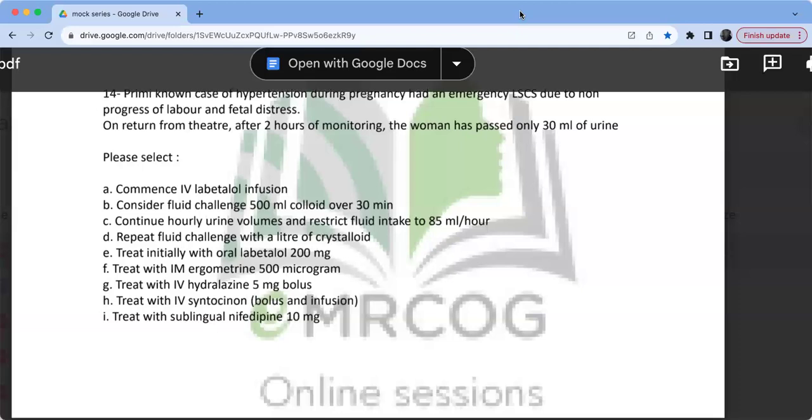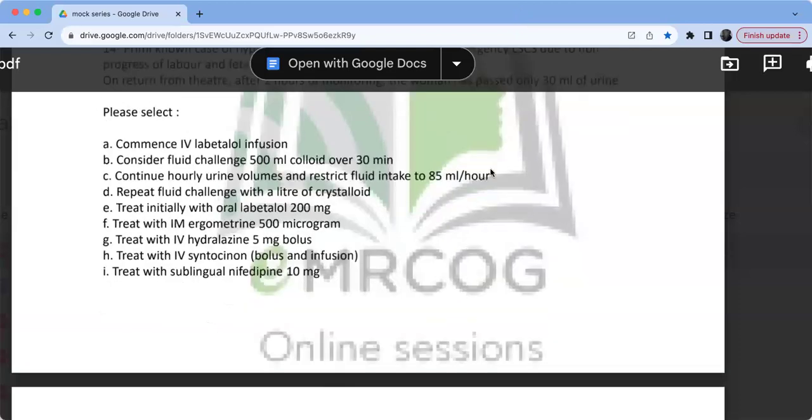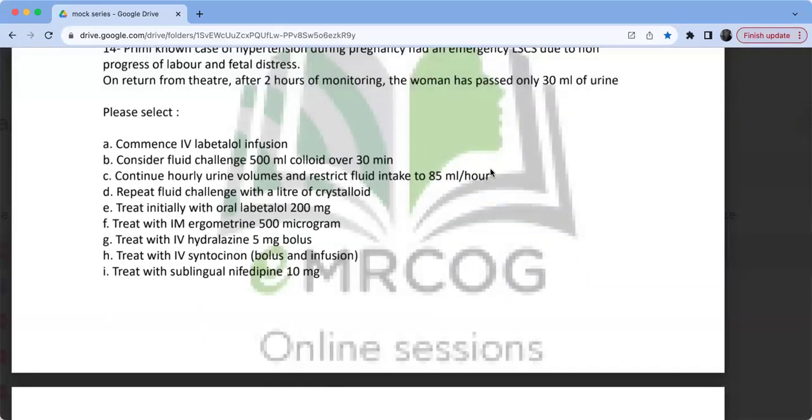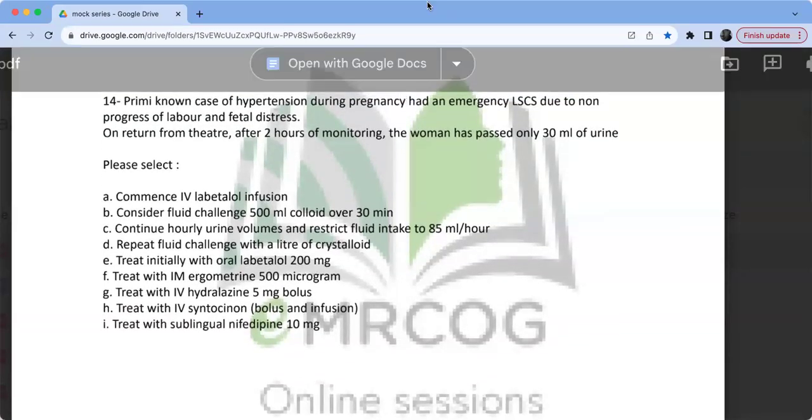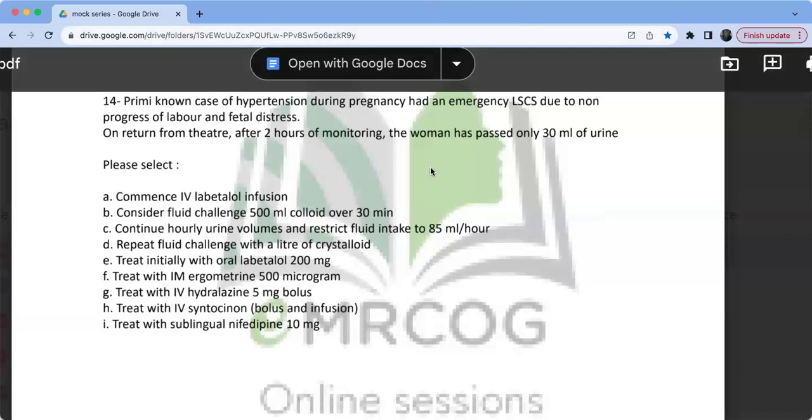You will consider a fluid challenge of 500 ml colloid over 30 minutes. I can restrict the fluid intake to 85 ml if I have euvolemia, meaning everything is okay, urine output is okay, no bleeding, nothing. But suspected hemorrhage needs to be tested first.